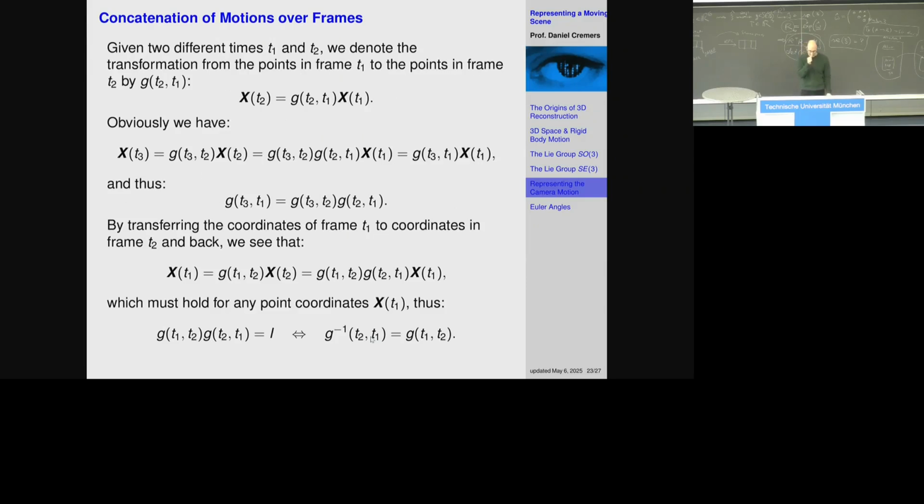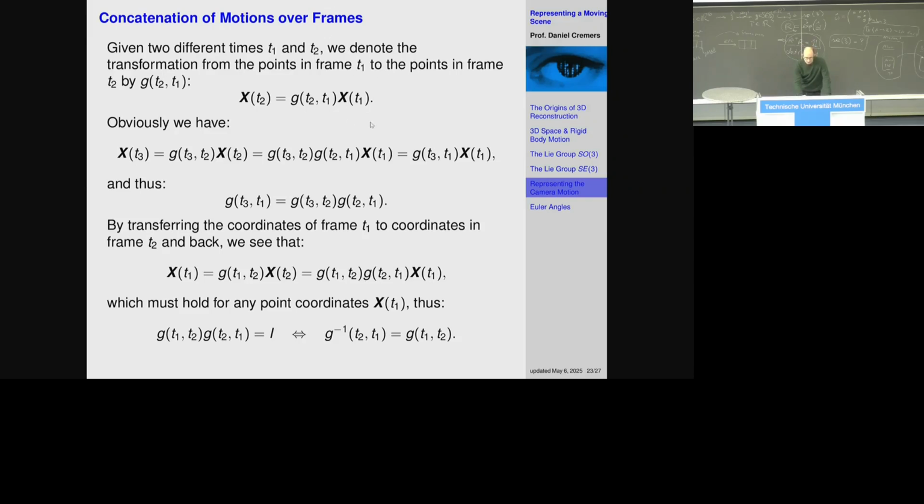Here you see it, right? Once you consider, for example, different observers, let's say you have one camera here and a different camera there, then you can say the point, so given two different times, right? So it doesn't have to be two cameras, but the same camera at time 0, time 1, time 3, right? Then the same point will have different coordinates.